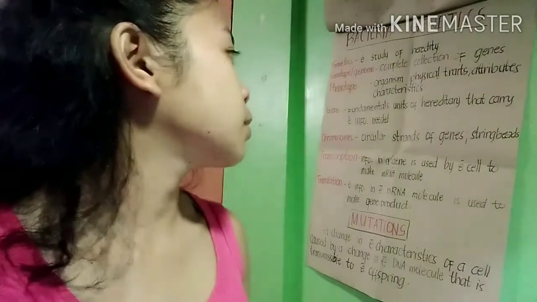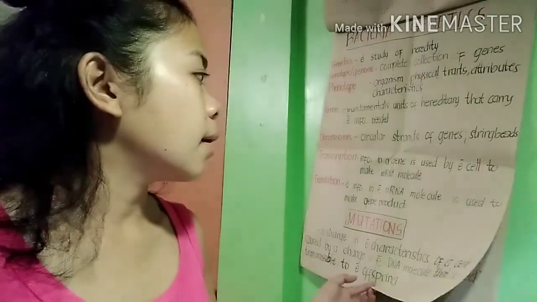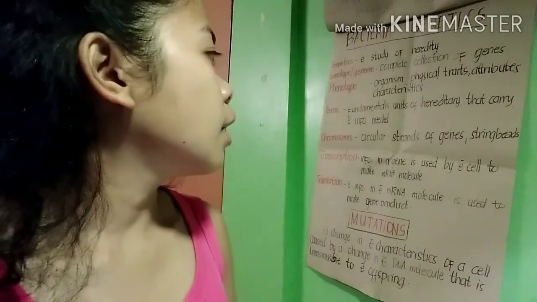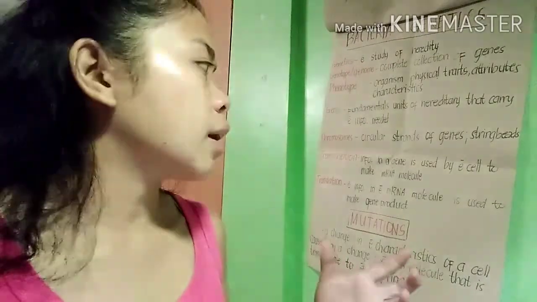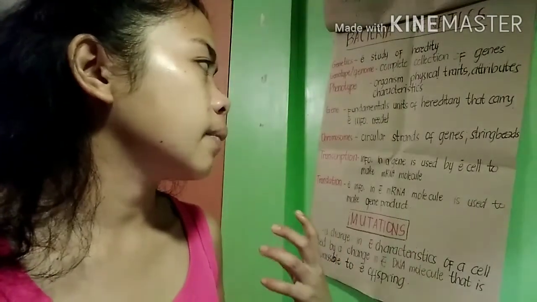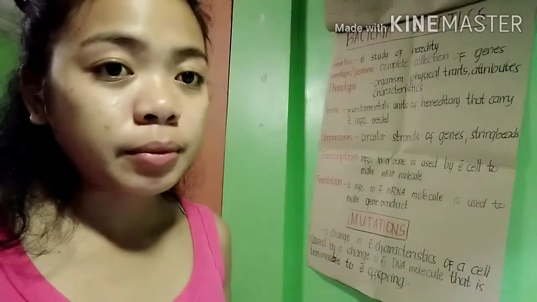Next, transcription. In transcription, the information in a gene is used by the cell to make messenger RNA molecules. The mRNA molecule is then released for translation.